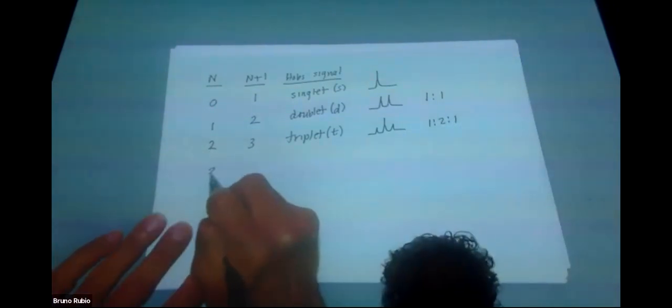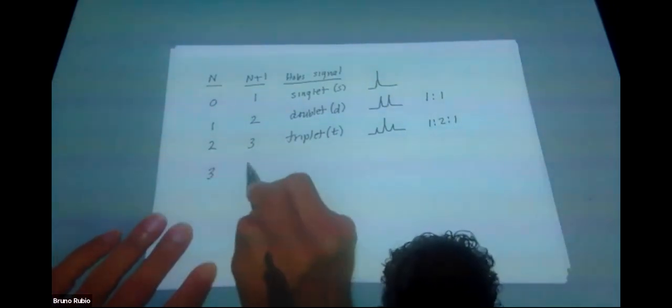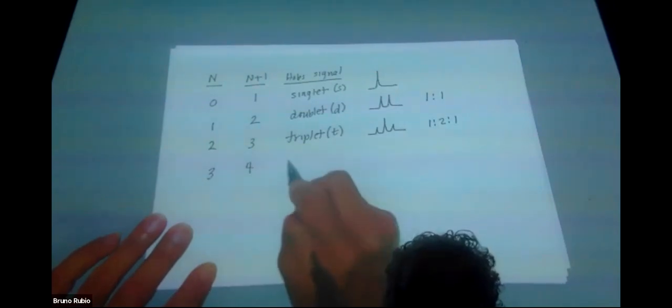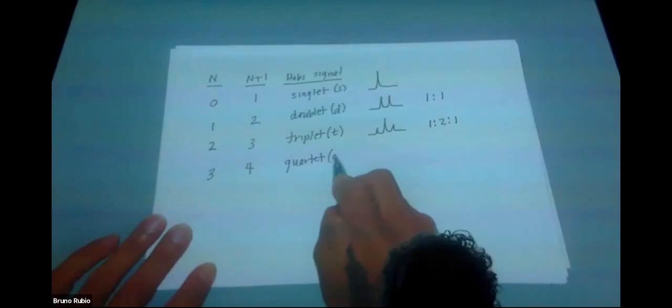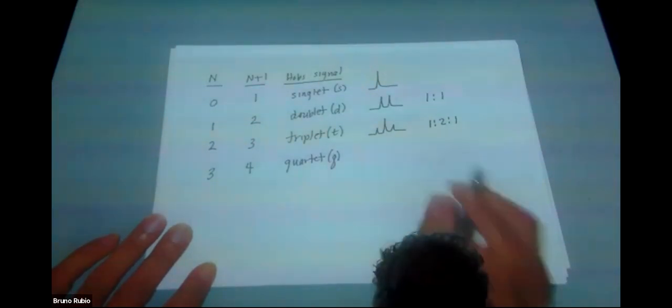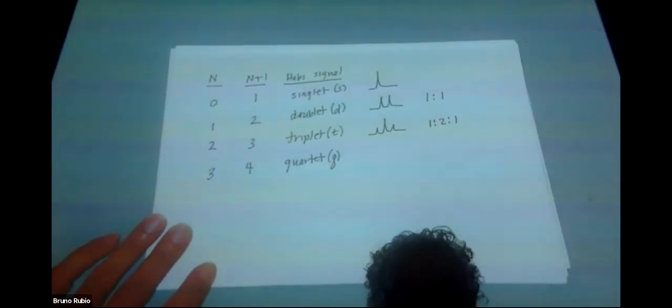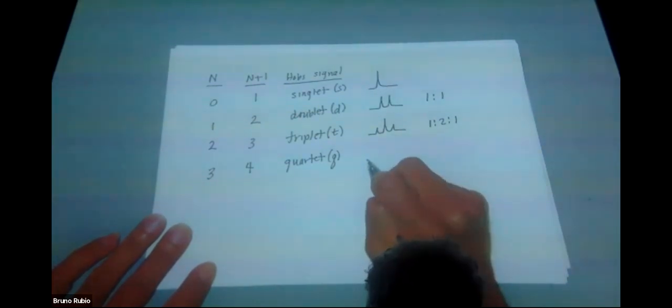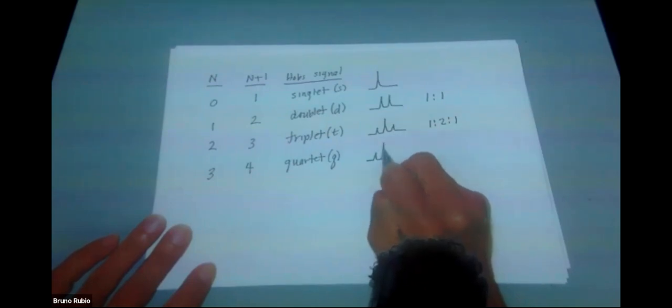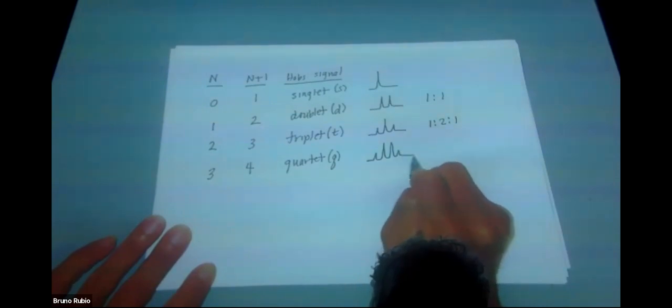The middle line is twice as big as the outer lines. Okay, keep going. When N is equal to 3, N plus 1 equals 4. That's called a quartet, standard abbreviation Q. And what does a quartet look like? It's 4 components, but it's not 4 components of equal height. It's a 1 to 3 to 3 to 1 pattern like that.